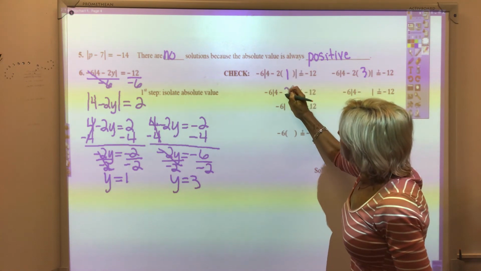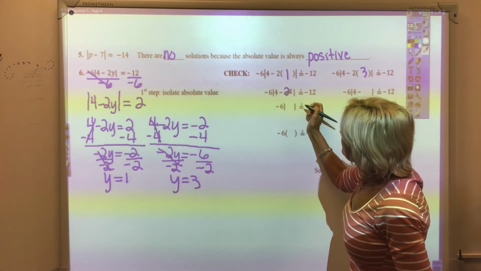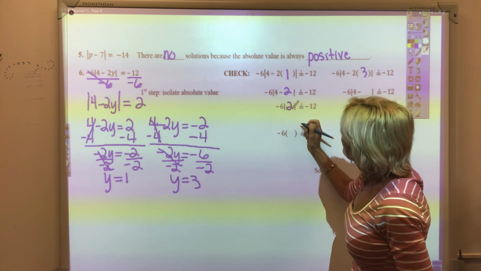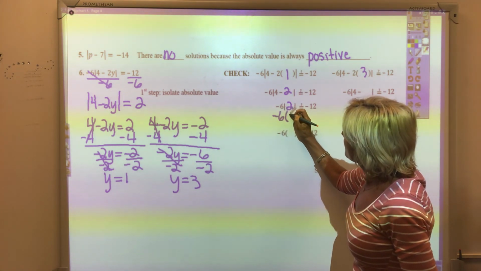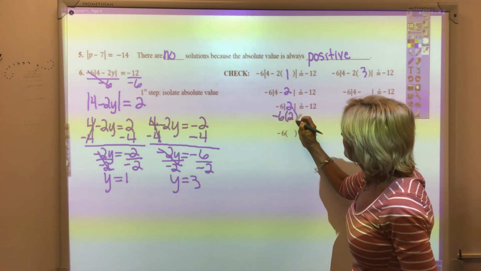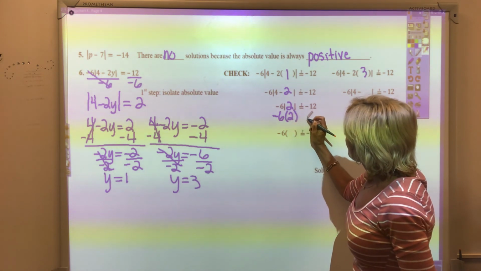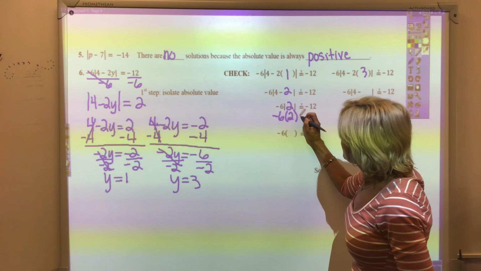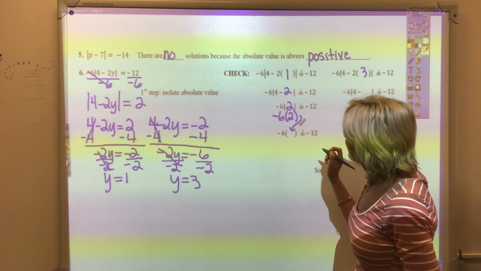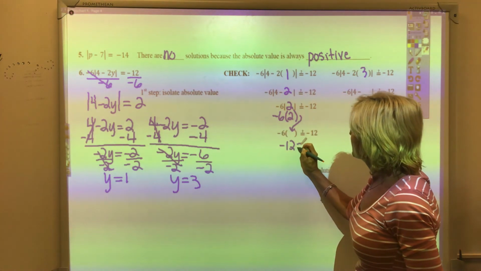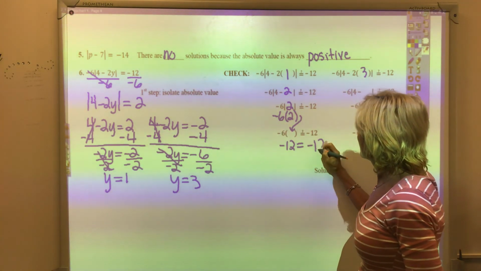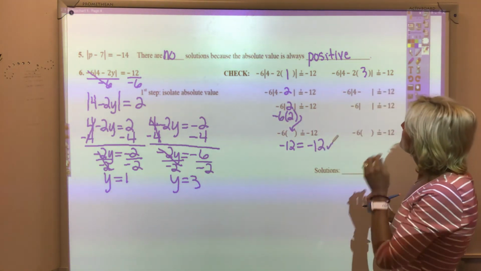2 times 1 is 2. 4 minus 2 is 2. Negative 6 times the absolute value of 2, which is negative 6 times 2. Excuse me, I should have just written it right here. Negative 12 equals negative 12. So that one checks.